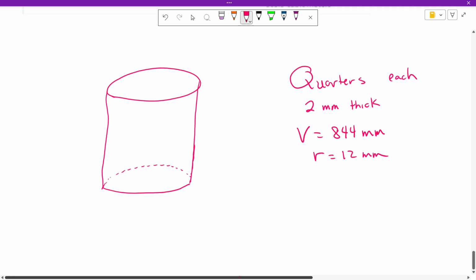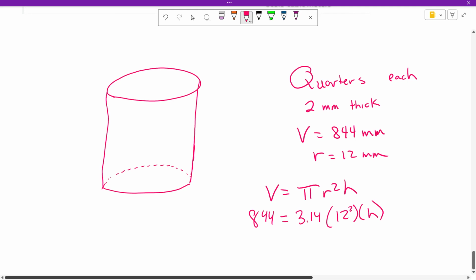Okay. So, volume equals pi r squared h. Okay. So the volume equals, actually, 844 equals 3.14 times 12 squared times h.